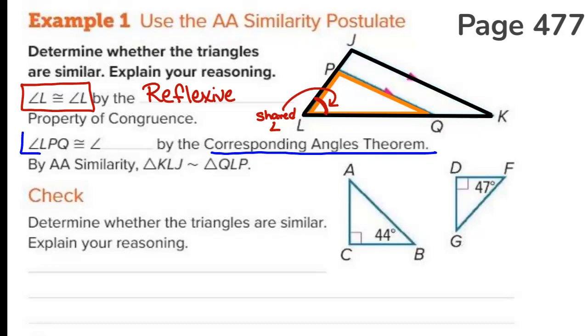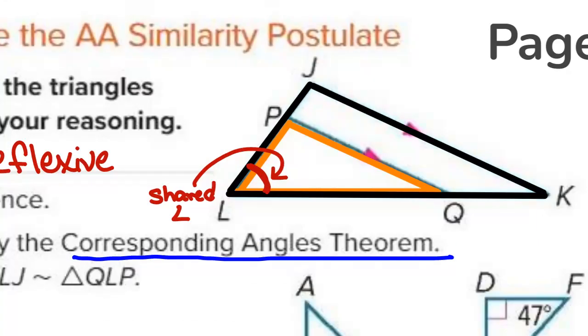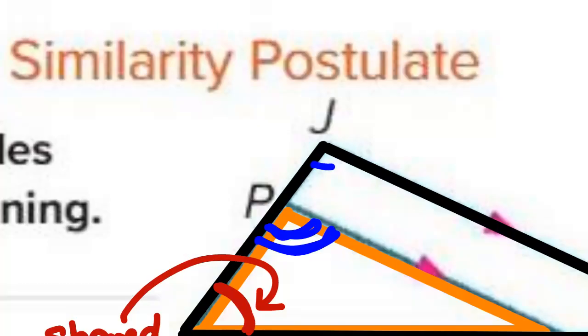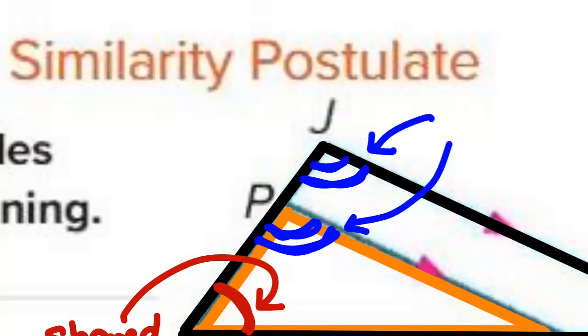It says angle LPQ, that's this angle right here, is congruent to, what would the corresponding angle on the large black triangle be? J. These are corresponding angles.